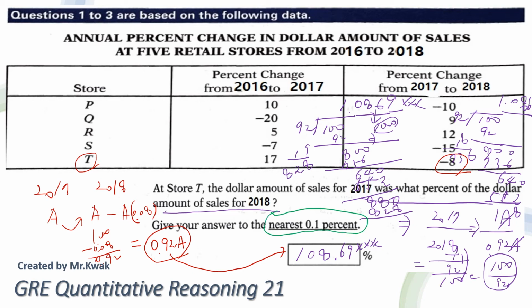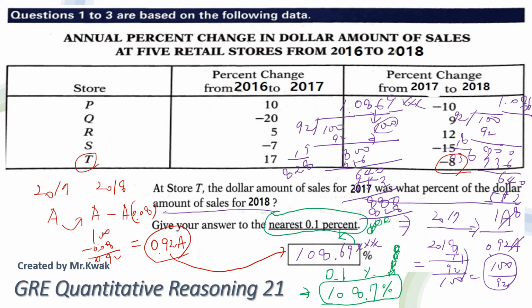Nearest 0.1%. So we have to round the number up, and finally it should be 108.7%. Very important. Even if we get 108.69 and so on, if we made a mistake, we could have written 108.6.